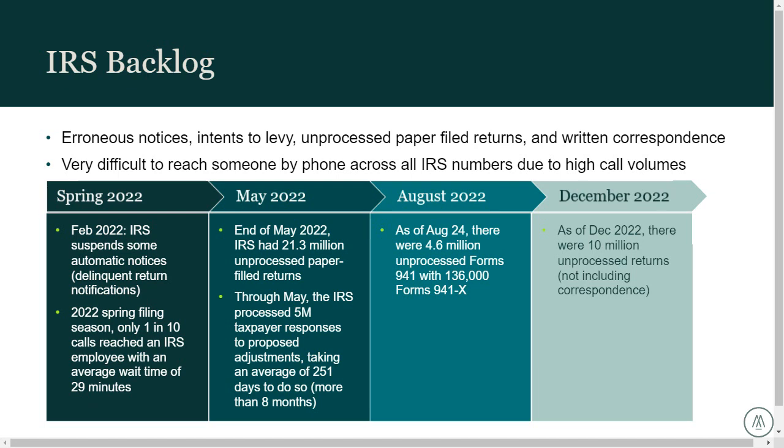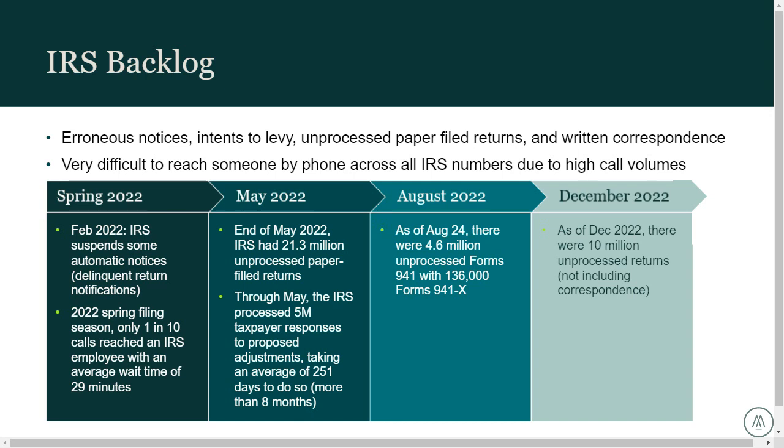I know for those of you that tried to call, it was a pretty frustrating venture to try to get in touch with somebody at the IRS. In addition, there were erroneous notices and intents to levy that were sent out, often in duplicate. For taxpayers, this can be an incredibly stressful situation, to get an intent to levy for sometimes tens of thousands of dollars.